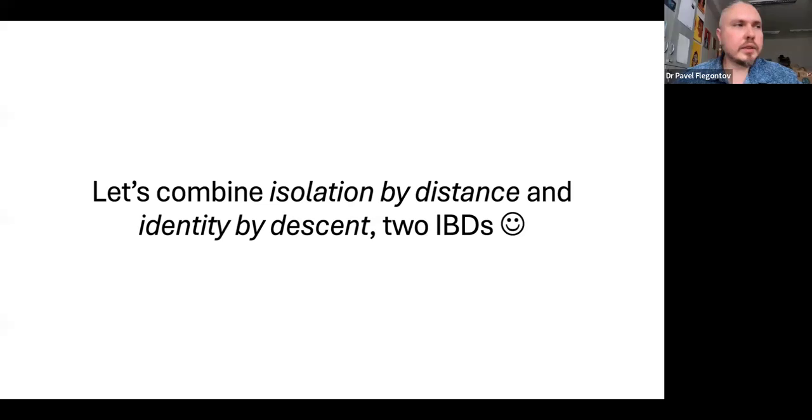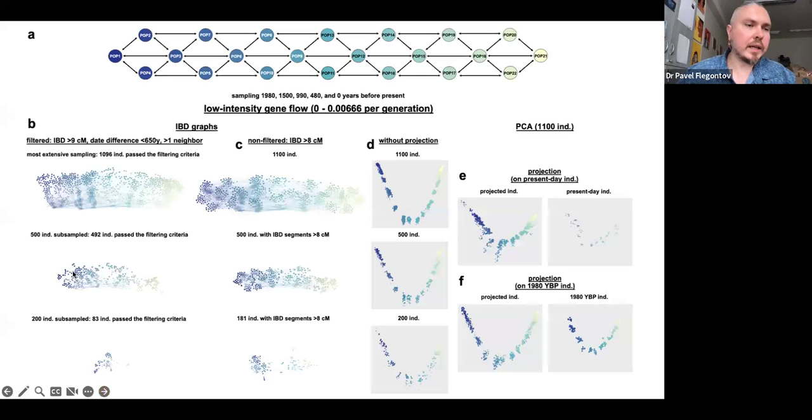So now there's a flurry of papers coming out, including our own manuscripts in the pipeline, that use these long autosomal haplotypes or IBD segments for various kinds of analysis on ancient DNA. And again, I'm talking about human ancient DNA. But I'm pretty sure that soon this method will be used for other species too.